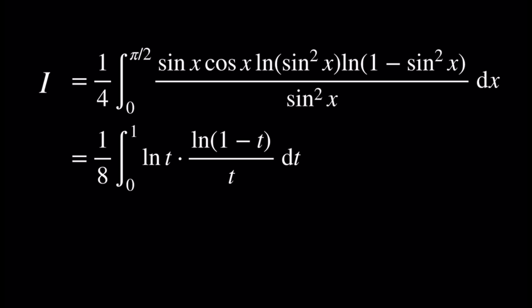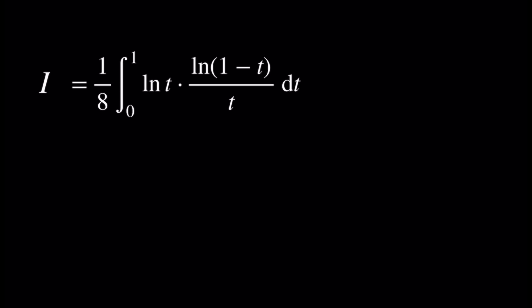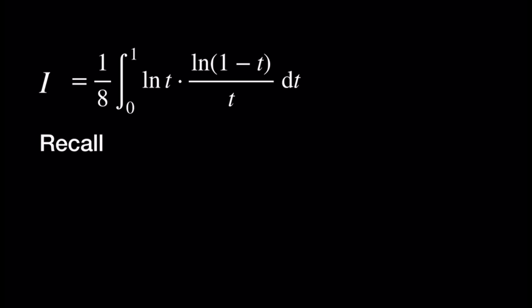Okay, now we're going to recall something here. We're going to recall the definition of the polylogarithm function of order s, denoted by Li sub s. It is defined as a power series, the sum as n goes from 1 to infinity of z to the n divided by n to the s, which converges inside the open unit disk centered at 0 in the complex plane.